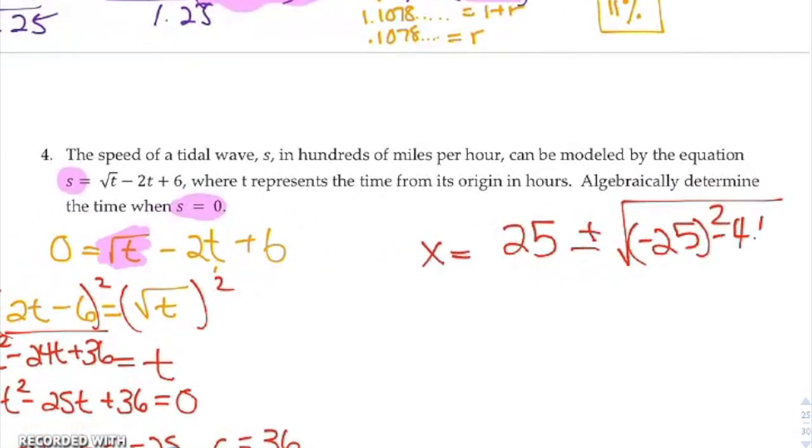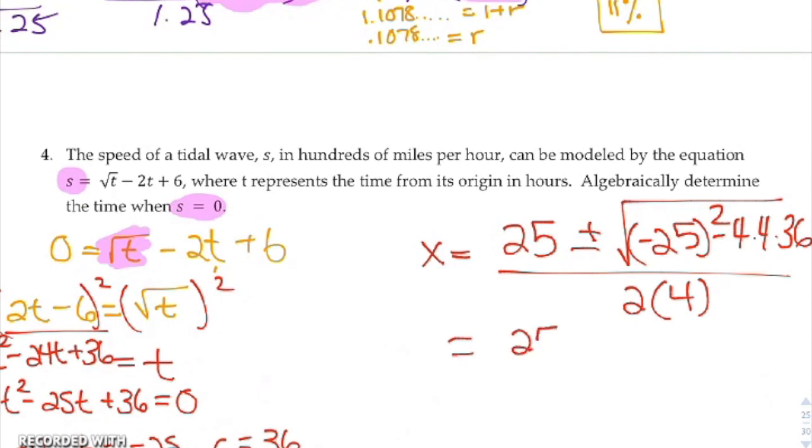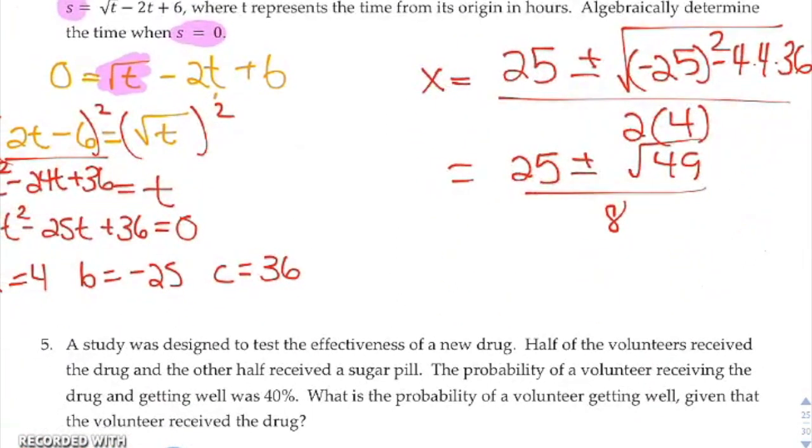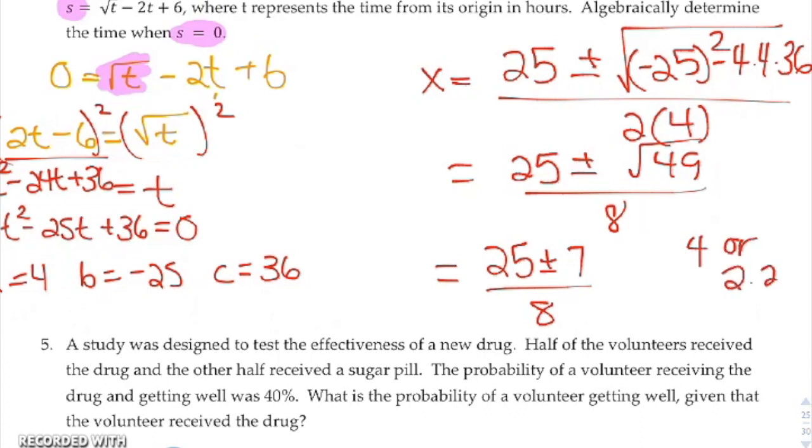Minus 4ac all over 2a. In other words, 25 plus or minus the square root of 49 all over 8. Now, luckily for us, the square root of 49 is a perfect square. So 25 plus or minus 7 over 8, which comes out to be 4 or 2.25.